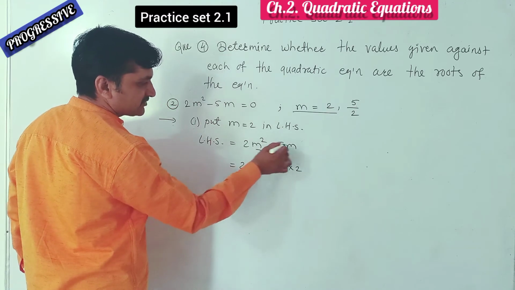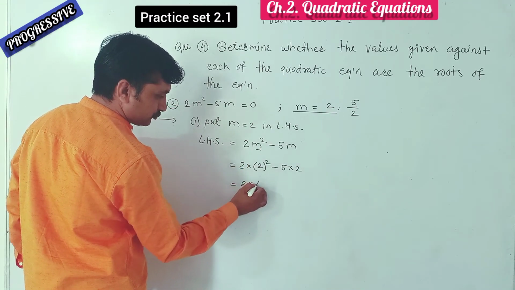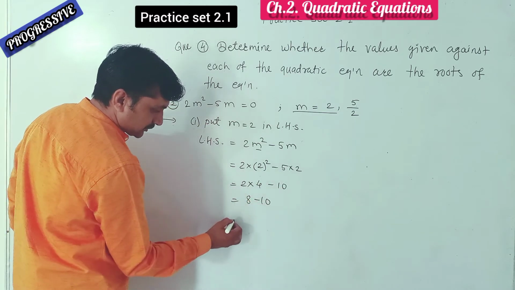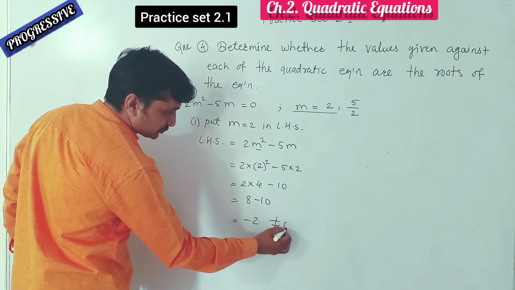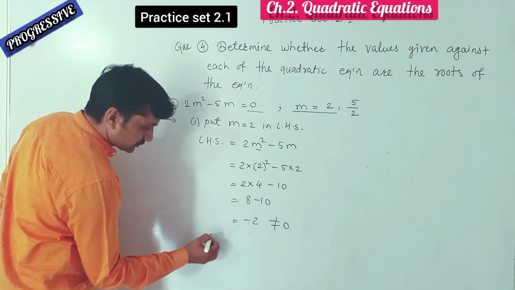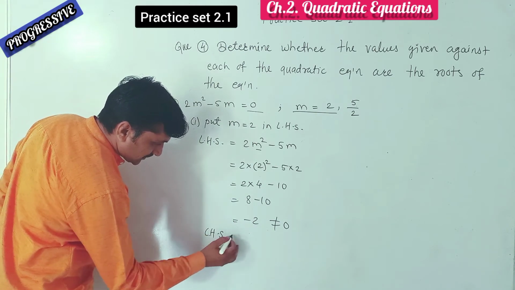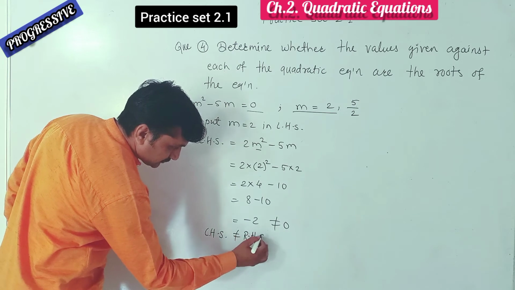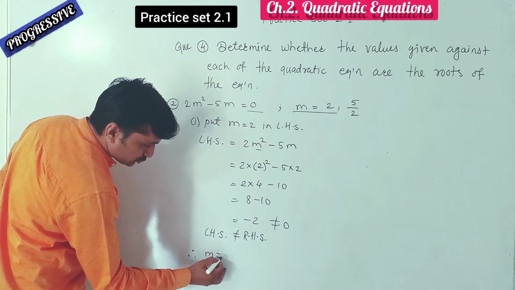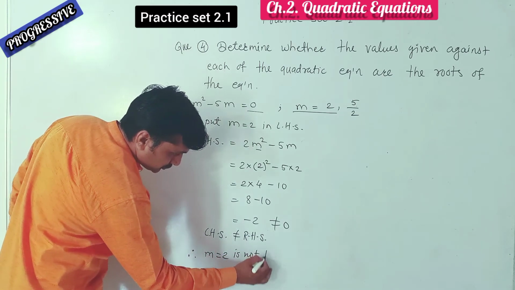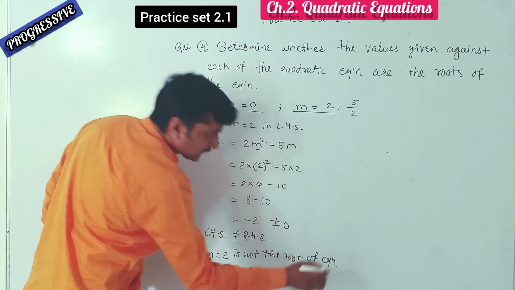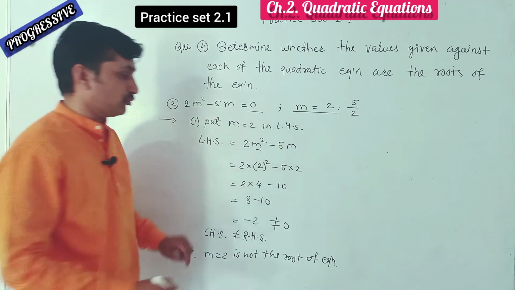Okay, wherever m is there put 2. 2 multiplied by 2 squared is 2 times 4, which is 8, minus 5 times 2, which is 10. 8 minus 10 is minus 2, and not equal to 0. See here, RHS is 0 and we don't get 0, therefore we write here LHS is not equal to RHS because our RHS is 0 and we got minus 2, and therefore here m is equal to 2 is not the root of the equation. Okay, that was for the first value.